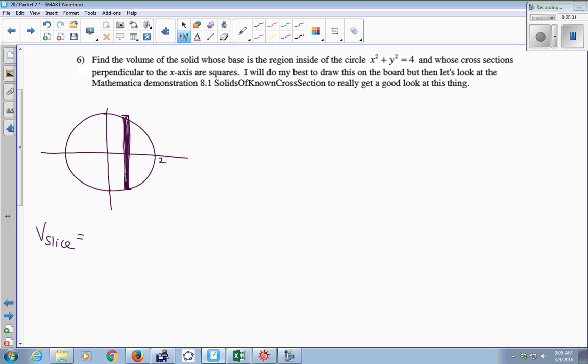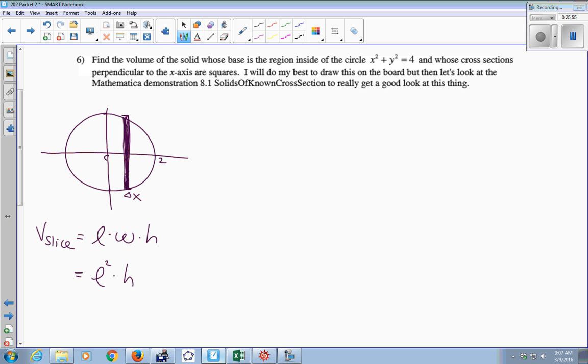So each slice is length times width times height. But because this is a square that I'm building off of here, length and width are the same. So we'll just do length squared times height. And then height is just the delta x.